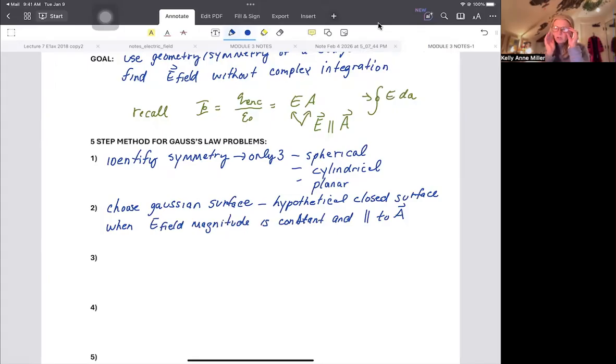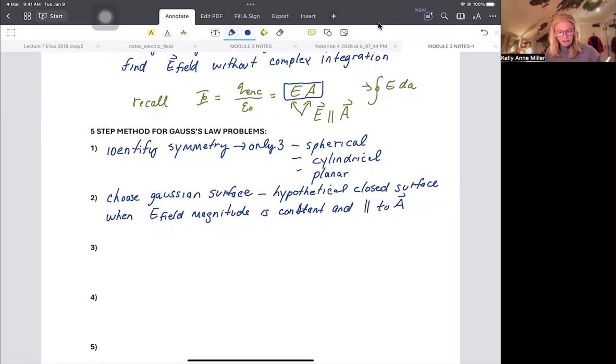So you're choosing the surface such that the E field at that surface is constant and also pointing in the same direction as the area vector, so that you can say this is true.